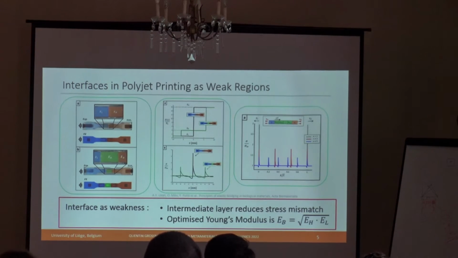Another work that we thought was really interesting is a paper of Uzan, where they tried to reduce the concentration of stress at the bimaterial attachment using a small intermediate material. As you can see here, they made one sample with basically the rigid and the soft polymer, and here with the intermediate layer.